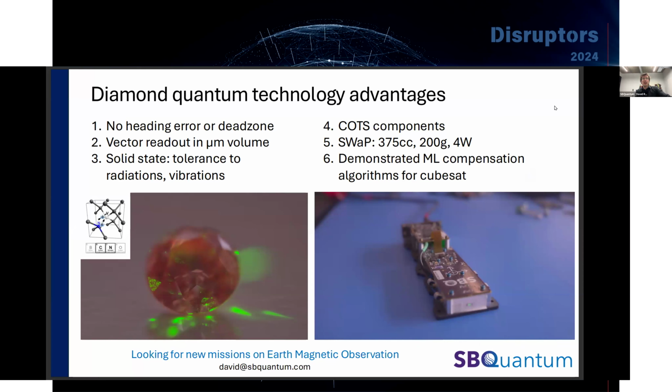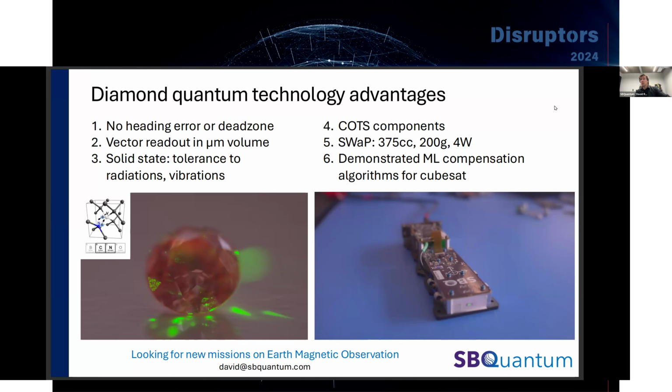But there's also side advantages, like there's no dead heading error or dead zones for this sensor. And the tolerance to vibrations and radiation, as I just mentioned, is a key aspect when we compare to AVMs, atomic vapor magnetometers, because it's a non-resonant excitation.